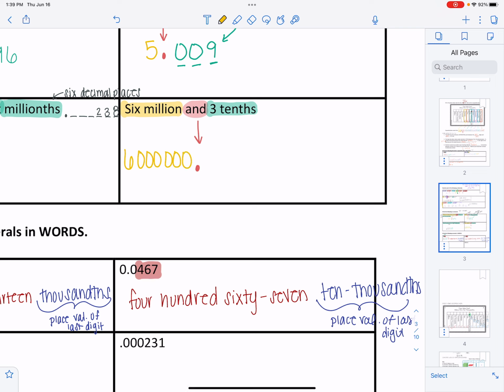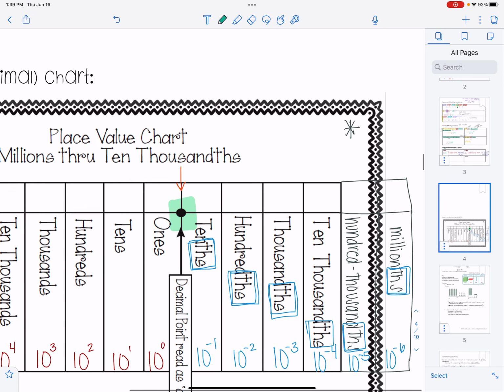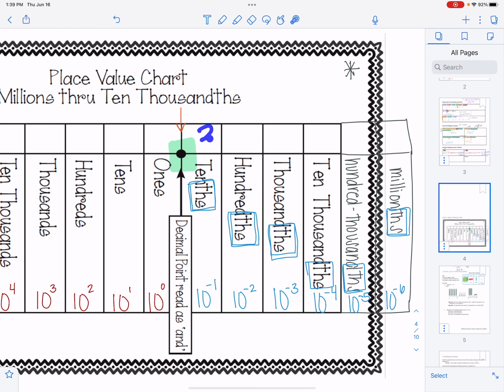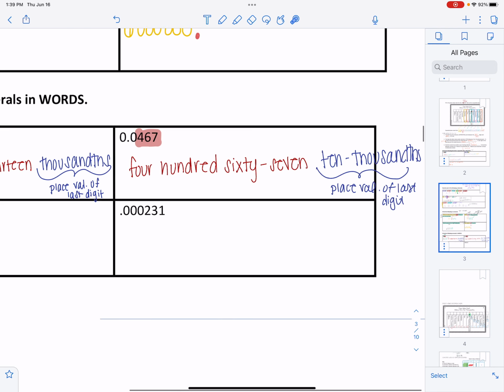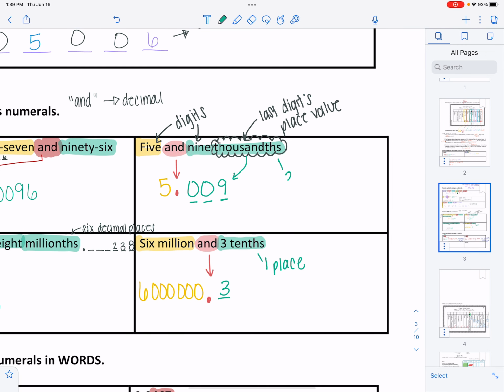Okay, so there's my left, 6 million and 3 tenths. Well, the tenths is going to be the first place after the decimal. And so I'll just need one digit. So there's my answer for that one. You may want to make a note that that's one place, and that one means, oops, 3 decimal places.